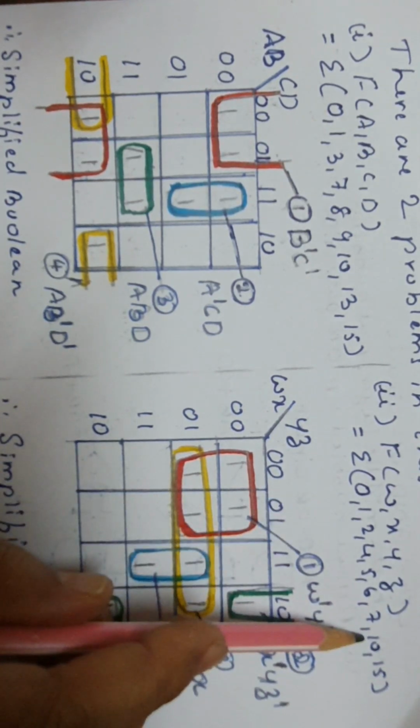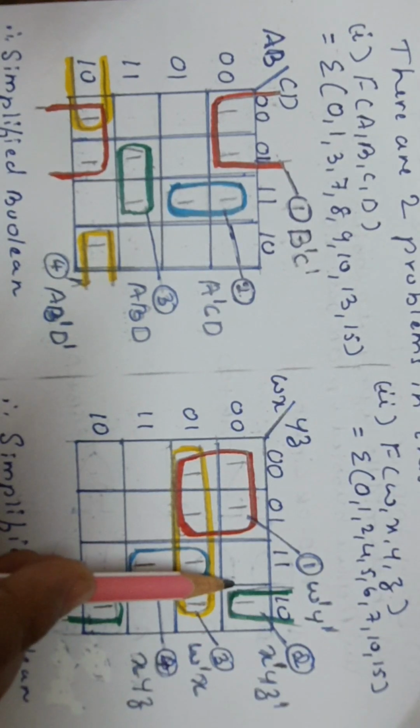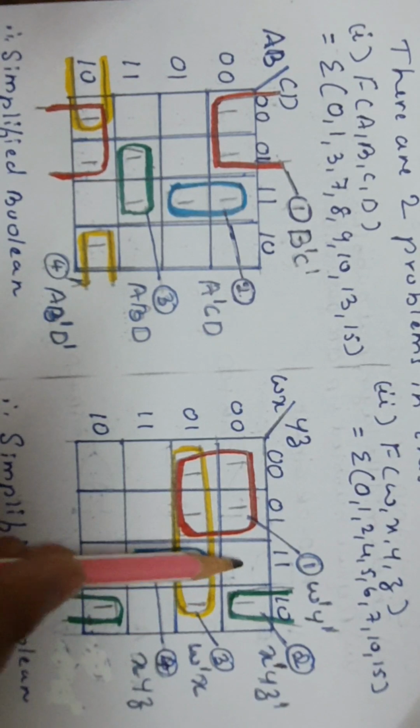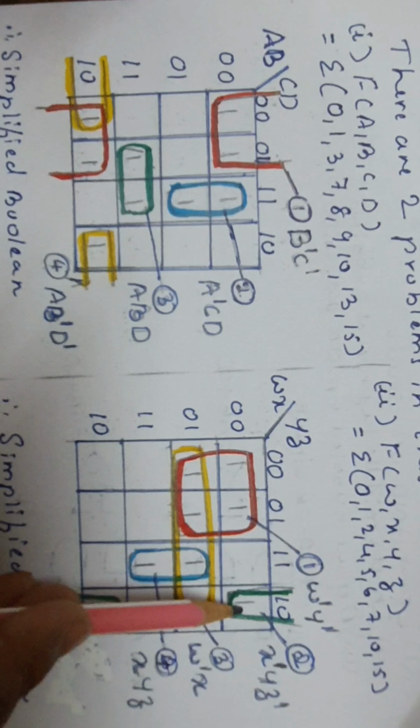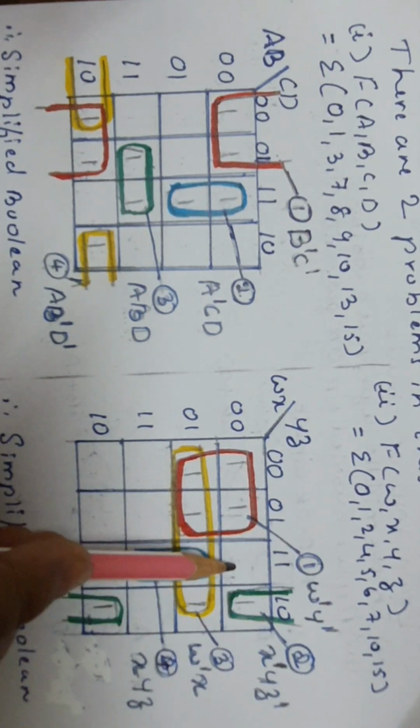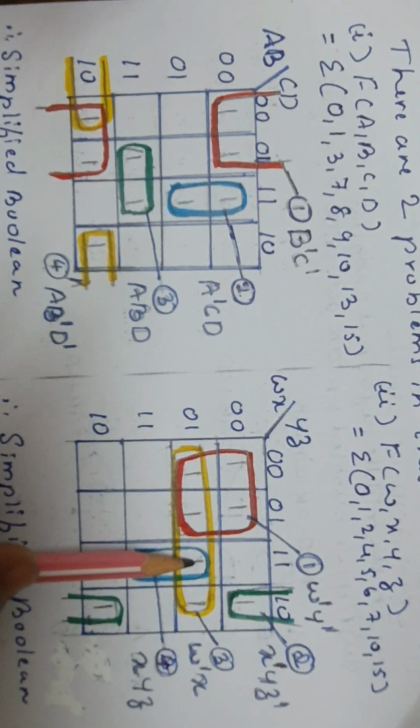Next, whichever minterms are there, in their places 1 is filled. This is the minterm 0 place, minterm 1 place, 2, 3, 4, 5, 6, 7, 8, 9, 10, 11, 12, 13, 14, 15 places. So now minterms 0, 1, 2 are present, hence in those places 1. 3 is not there, leave it. 4, 5, 6, 7 are there, hence there 1 is filled.